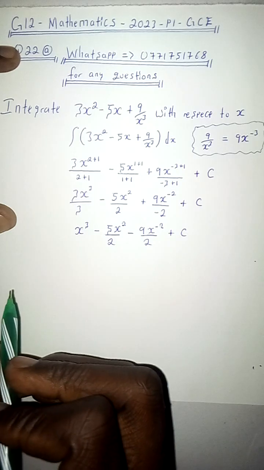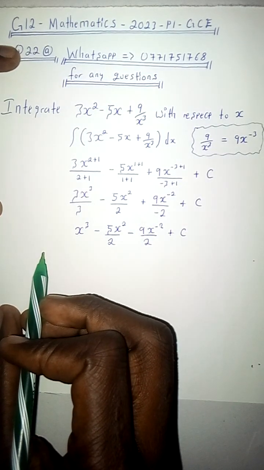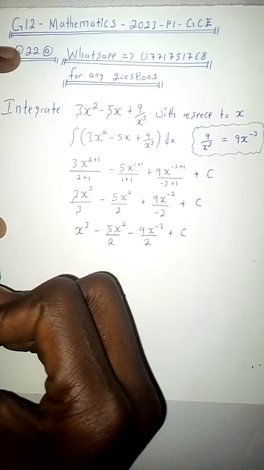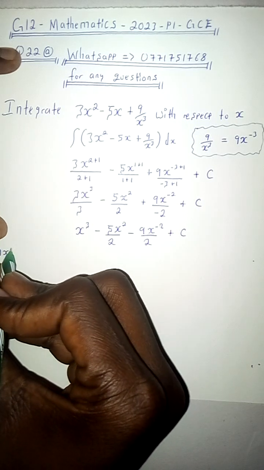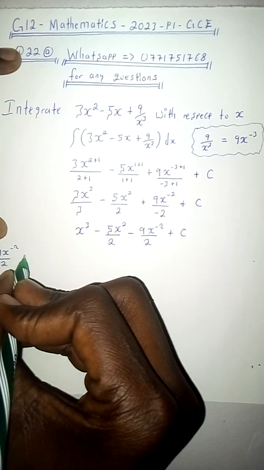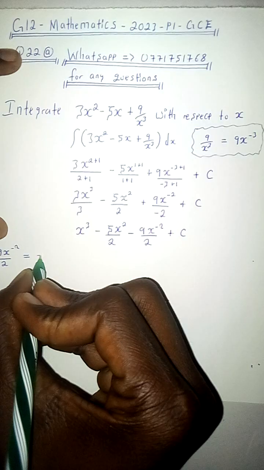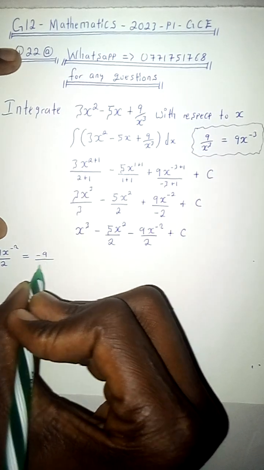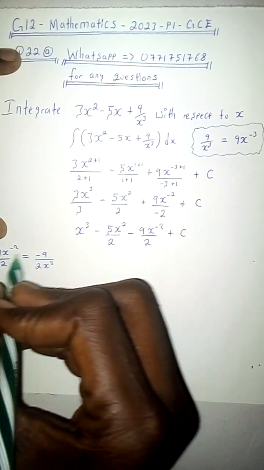And for us to do that, I'm going to ask you a question. Okay, I'm going to ask you a question to say, do you agree that this, which is negative 9x to the power negative 2 over 2, can be written as negative 9 over 2x to the power 2?